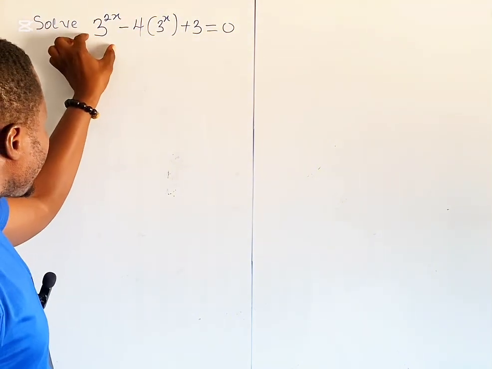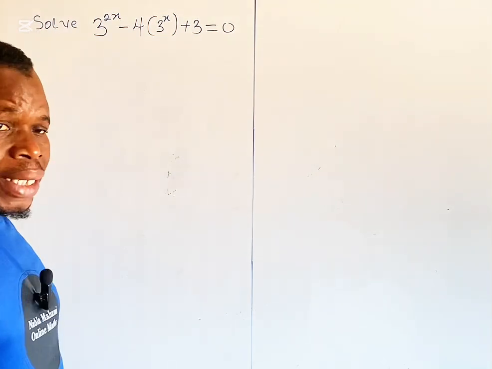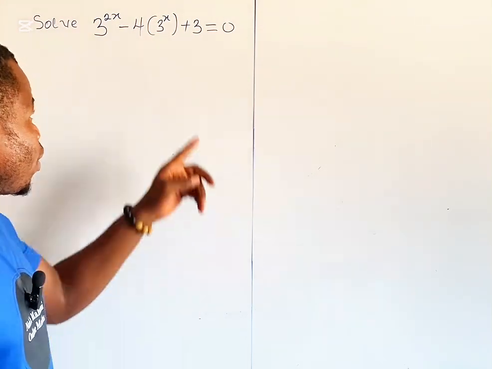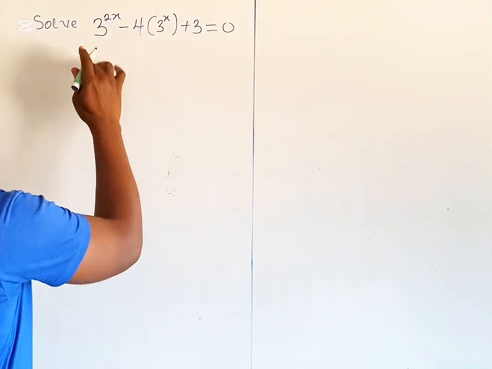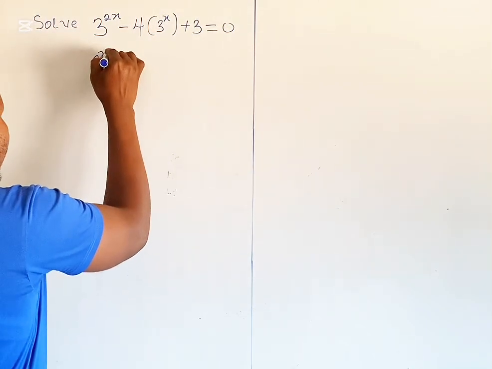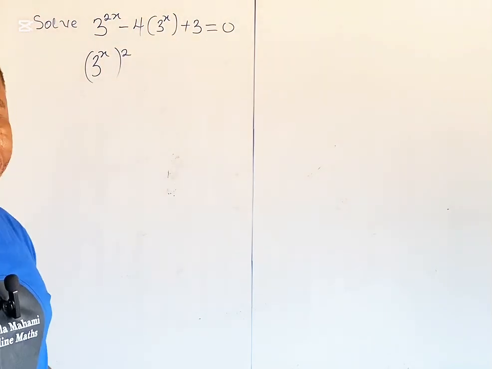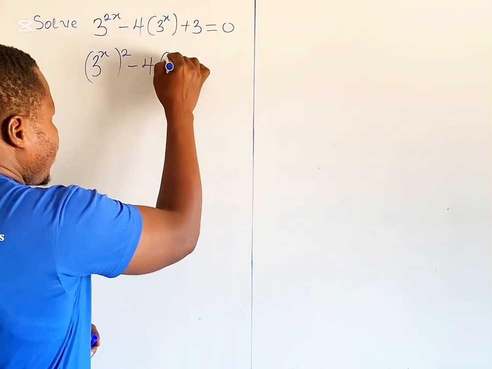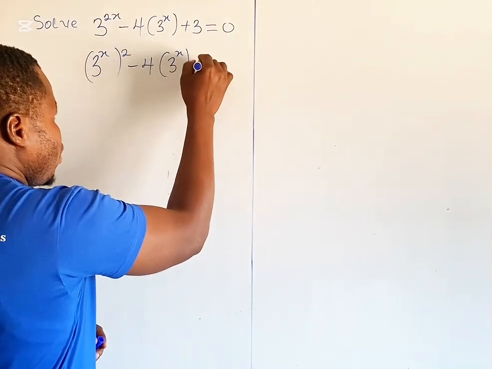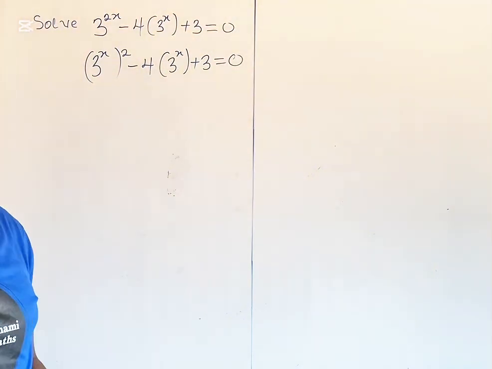Now we have to rewrite 3 exponent 2x to contain 3 exponent x like this value. So I'll rewrite this one by saying that 3 exponent x, then I'll bring the other power 2 outside the bracket, minus 4 multiplying 3 exponent x plus 3 is equal to 0.